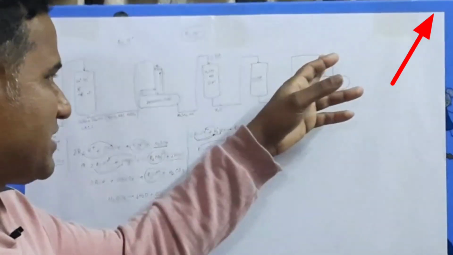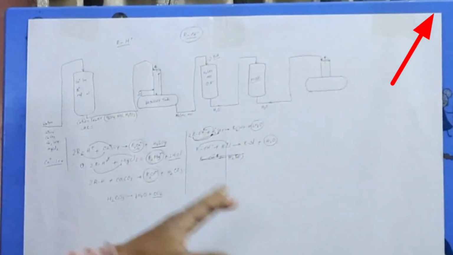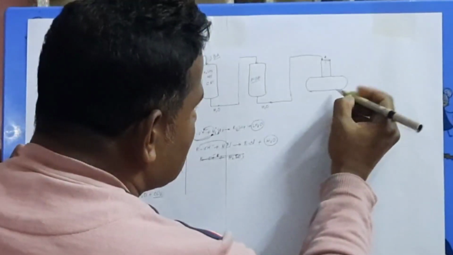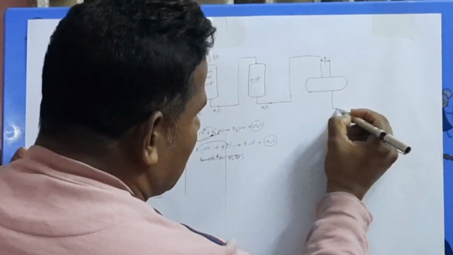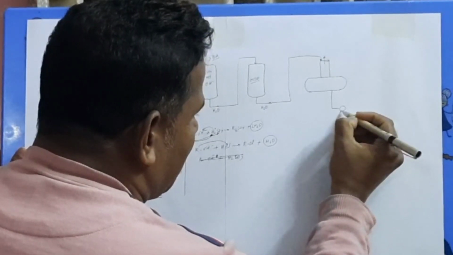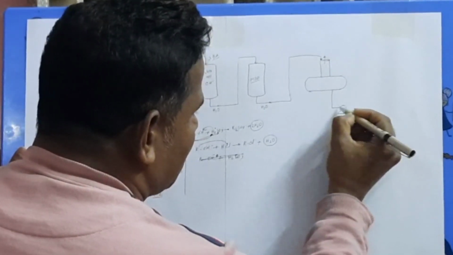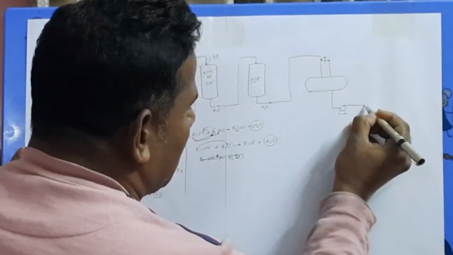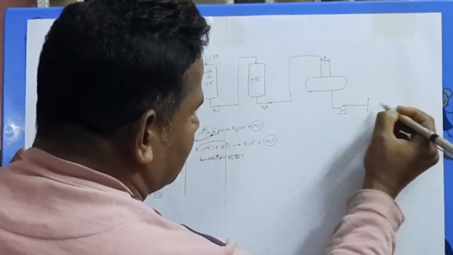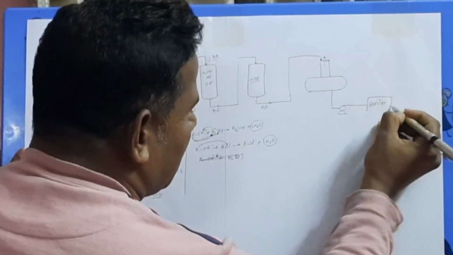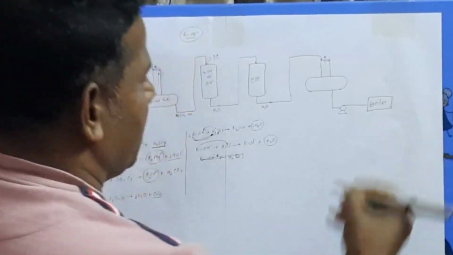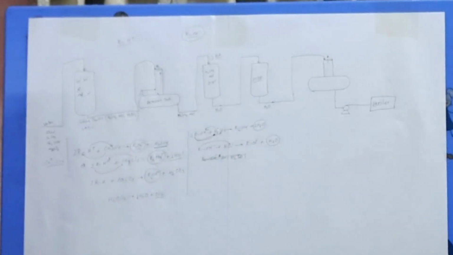After removing this dissolved oxygen, where will this water go? To the boiler. This water will go by pump. There are pumps available. By the boiler feed pump, it will go to the boiler.